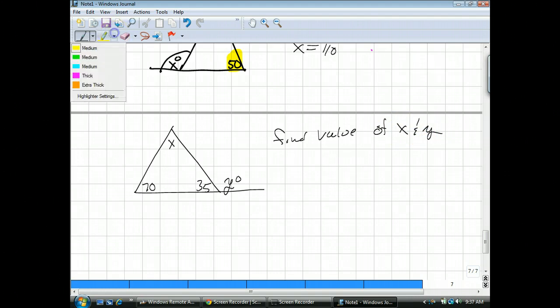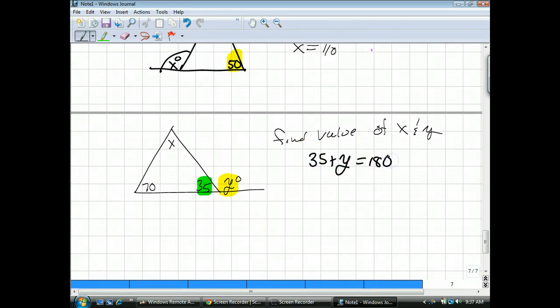Well, notice that y is an exterior angle, but y and 35 are adjacent angles, and they are a linear pair, so they are supplementary. So we know then that 35 plus y has to equal 180 degrees.